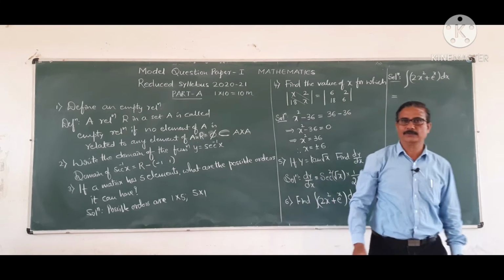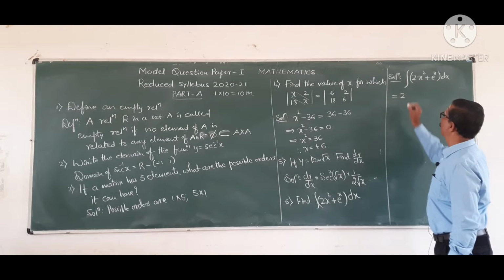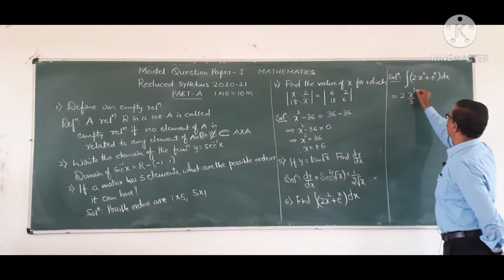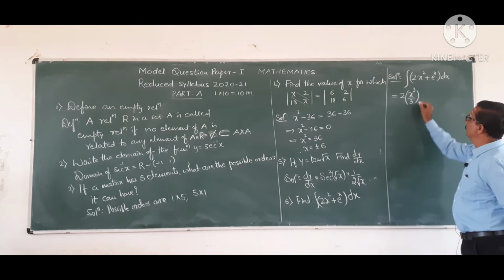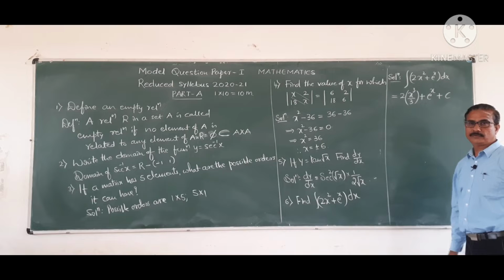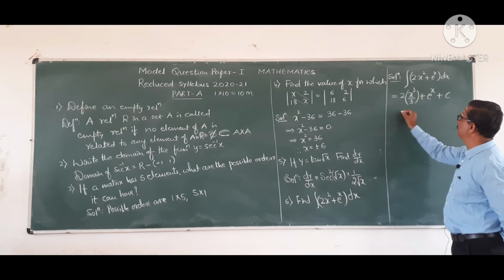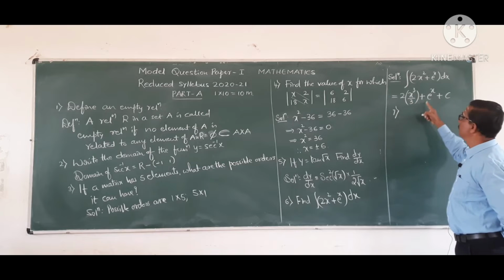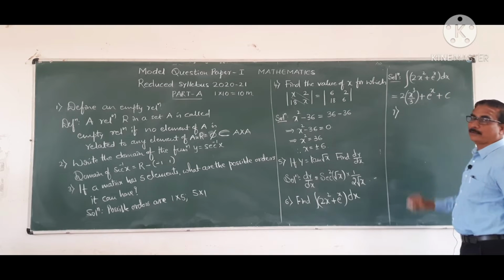Integrate. Here 2 is a constant. What is the integral of x square? x cube divided by 3 plus the integral of e power x, which is e power x itself, plus the constant of integration c.